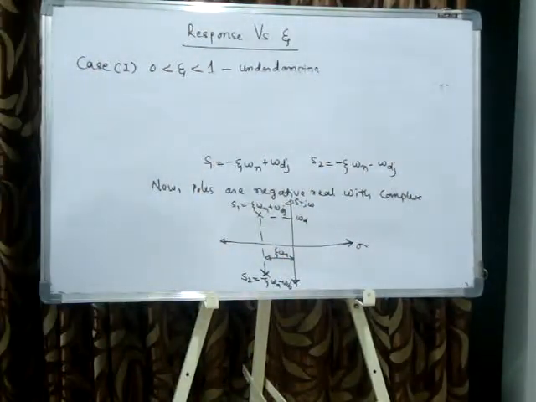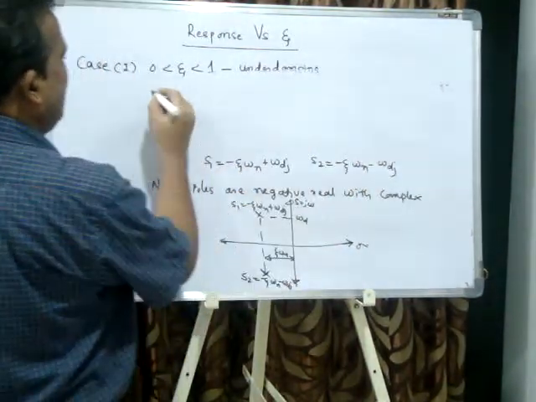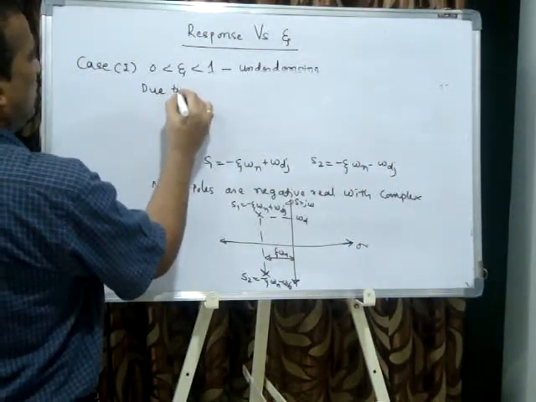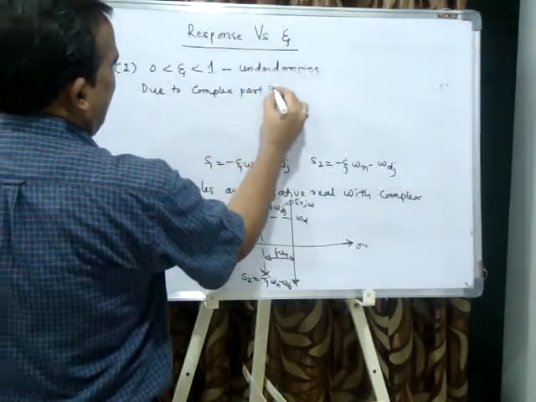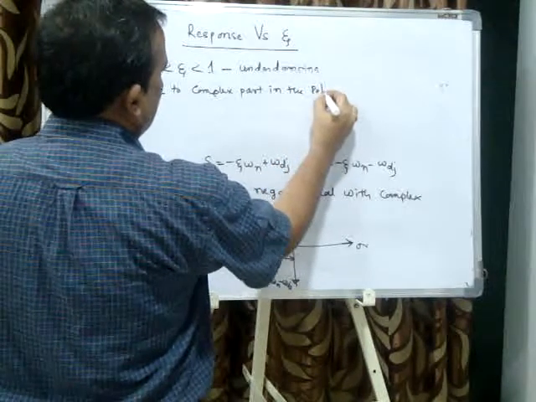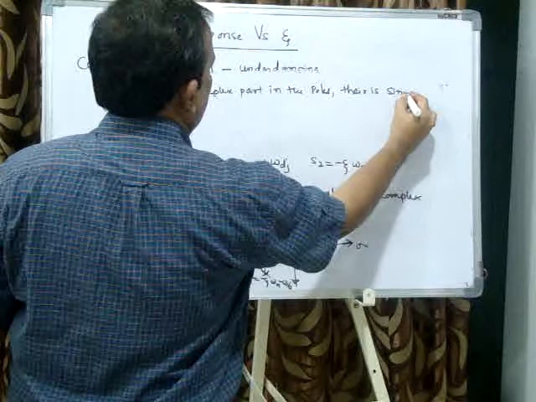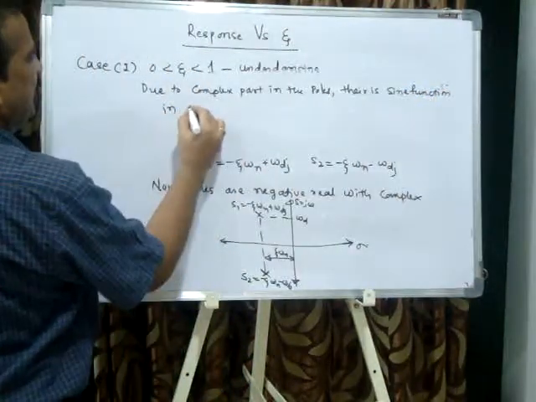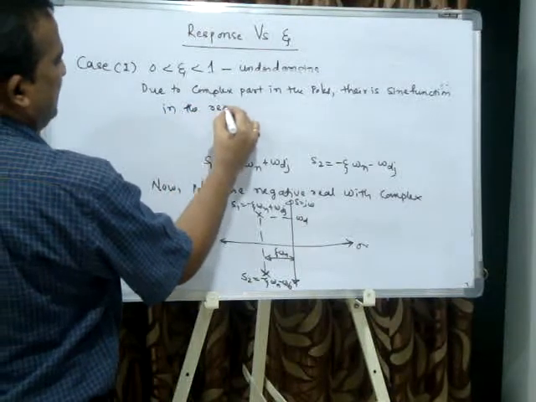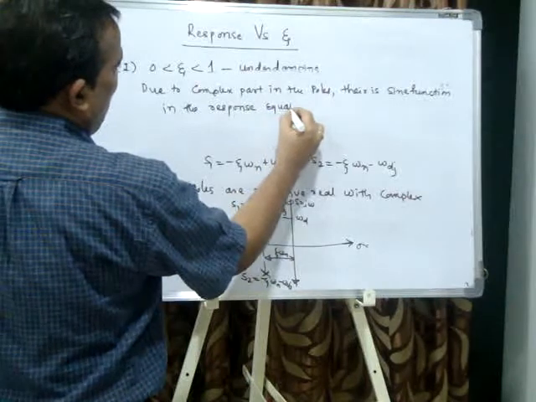Okay. Now I'll write due to complex part 3j minus 3j, for example. Due to complex part in the poles, there is a sine function in the response equation. Response means output equation.